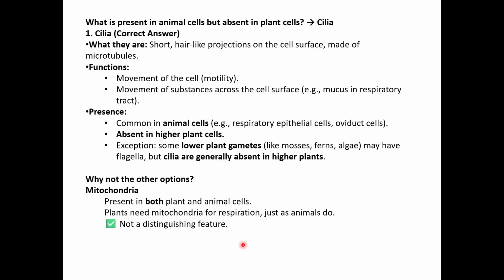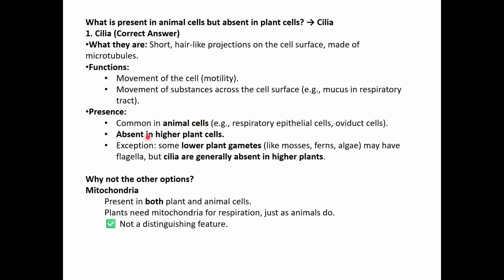Then next is what is present in animal cells but absent in plant cells. That is cilia. Cilia are short hair-like projections on the cell surface made of microtubules, which help in cell motility. So movement of cells occurs, and movement of substances across the cell surface occurs, like in the respiratory tract.